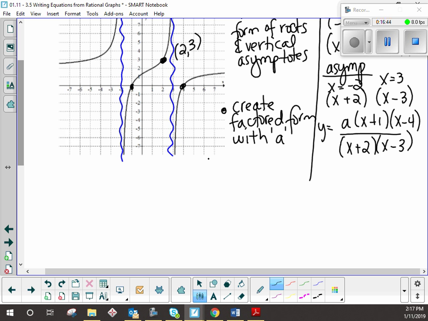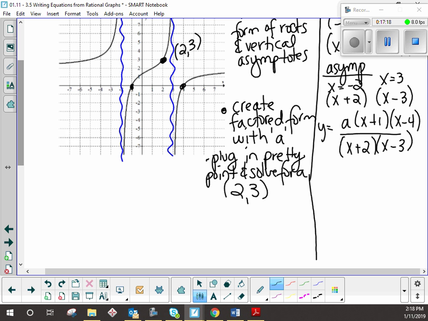Okay, so we're going to plug in pretty point and solve for A. Pretty point just meaning it's a nice integer values for the x and the y. Or it doesn't have to be integers, but it has to be an actual point. So the point I've given you is 2, 3.